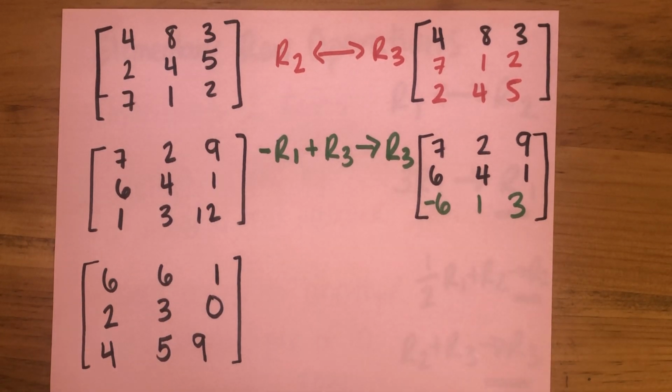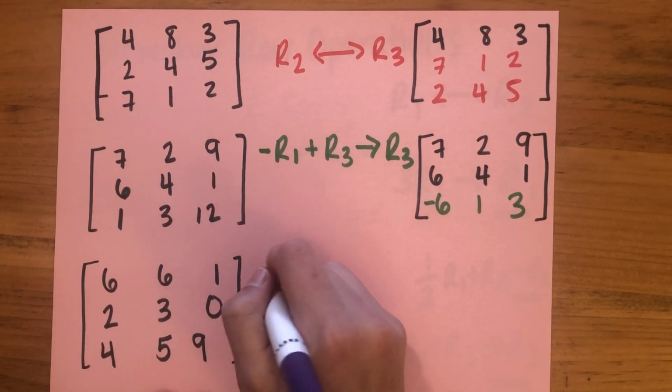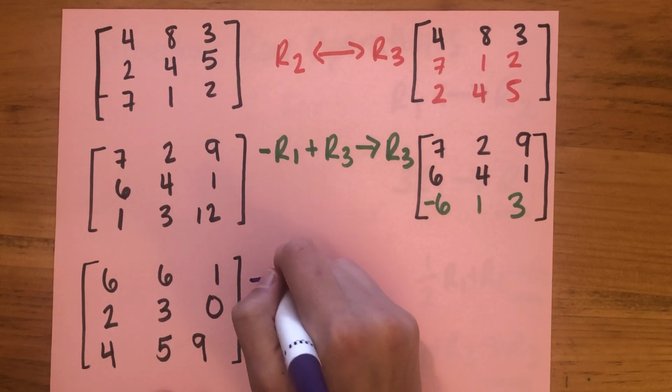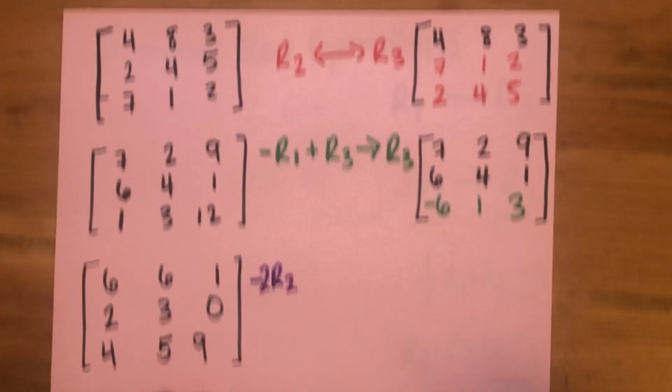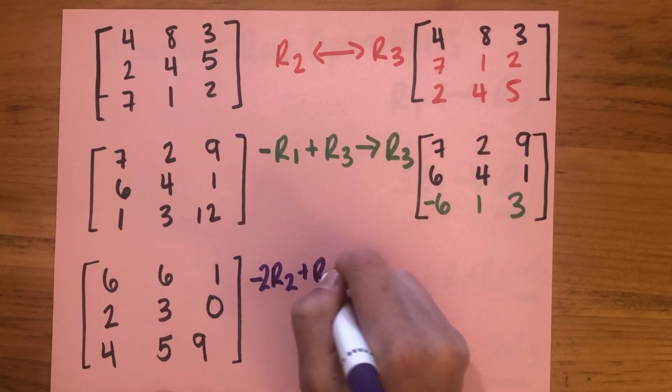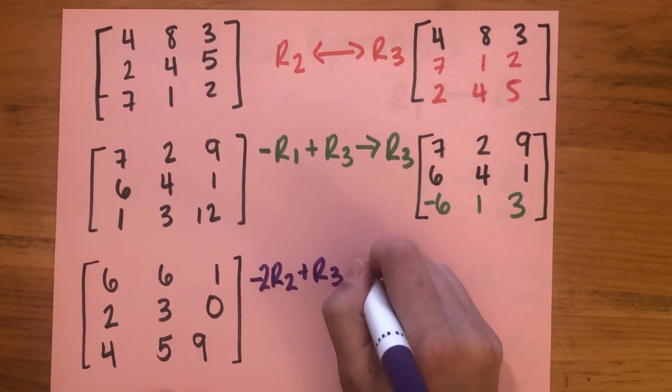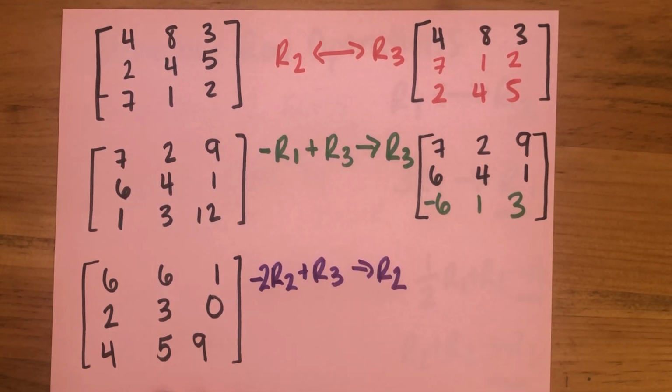Notice how none of these are subtraction. If we want to do subtraction, we would do a negative. So let's say we do negative 2 times row 2, add it to row 3, and let's keep it in row 2 this time.